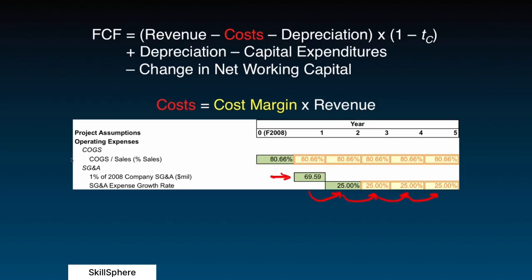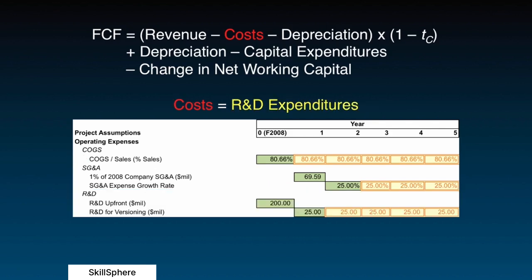Whereas I'm tying COGS, which is loosely viewed as a variable cost, I'm tying that forecast to sales. Okay. Now, R&D, well, I'm going to have to spend $200 million up front in R&D to get this thing up and running. Right? So that's this upfront R&D.